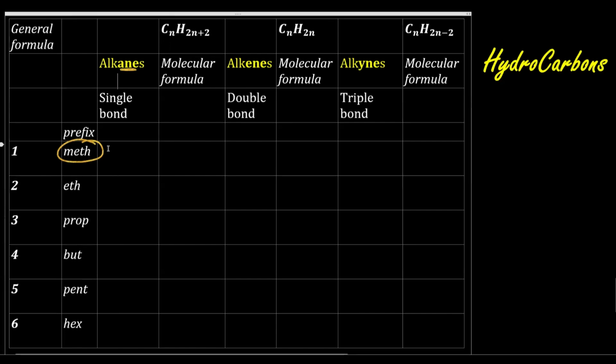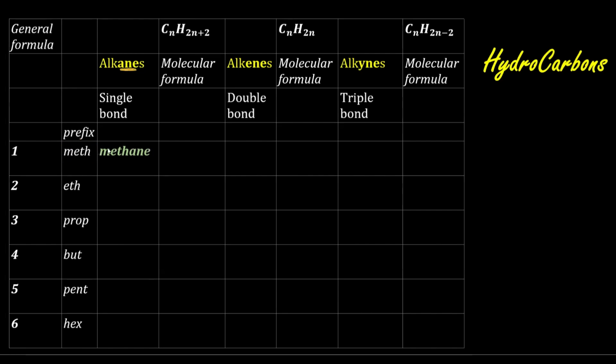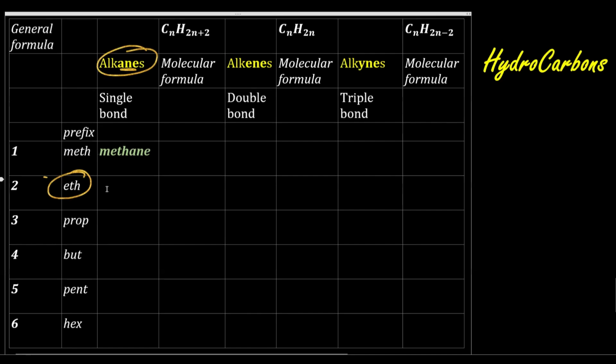So you can name it methane. Similarly, for the second member of alkane having two carbon atoms, I'll take the prefix eth and ane as its suffix. So it will come as ethane, and so on.